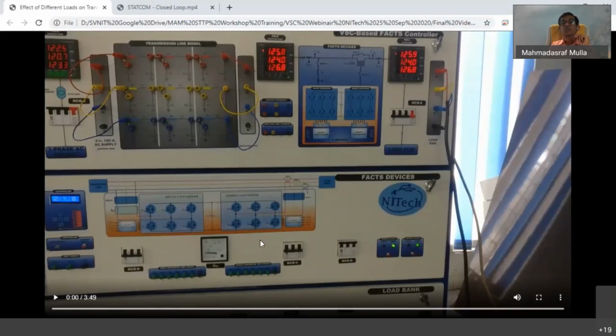Okay. So just to check whether the video will work properly or not, I will play the first video here. We will not be doing anything with the FACTS controller; I will speak before going to that experiment. We will just load this transmission line with RL and RC loading, and the effect of that will be demonstrated here.